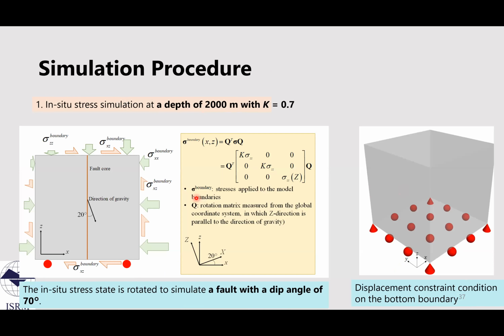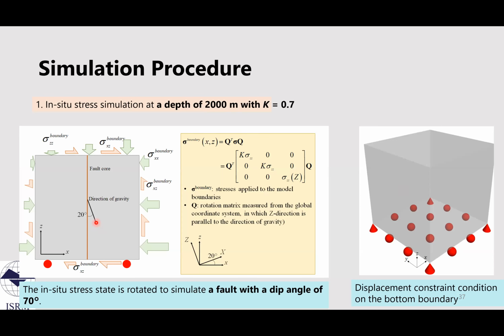So here is the numerical simulation procedure. As a first step, the initial stress condition is simulated, assuming a depth of 2,000 meters with a horizontal to vertical stress ratio of 0.7. Note that to simulate the fault with a dip angle of 70 degrees, the in-situ stress state is rotated.